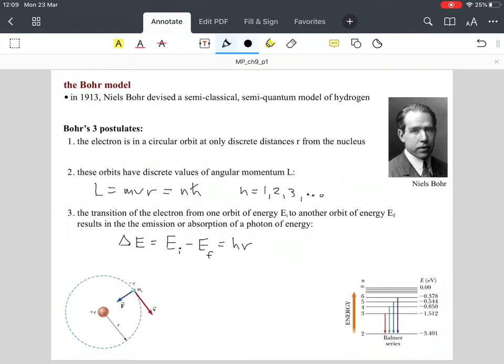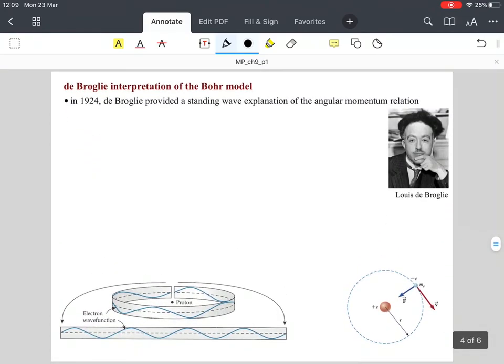Notice that it's Ei minus Ef, which is the negative of what you normally think of as a change in energy. Normally you think of Ef minus Ei, and we'll see where that negative comes from. But if we think about this in terms of an energy diagram, which we have on the bottom right, then this is going from a higher energy state to a lower one. And this diagram right now looks very confusing, but it'll make sense later on.